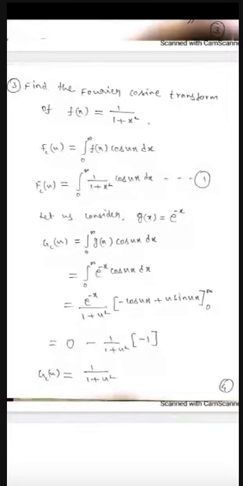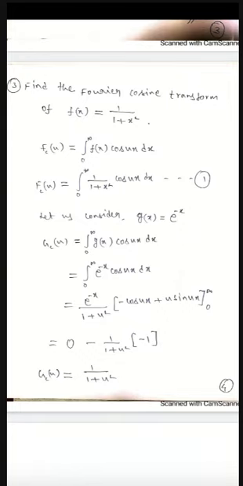Like in the previous problem, where you were unable to do the integration because three variables came, we applied differentiation under the integral sign, differentiating with respect to u partially on both sides.